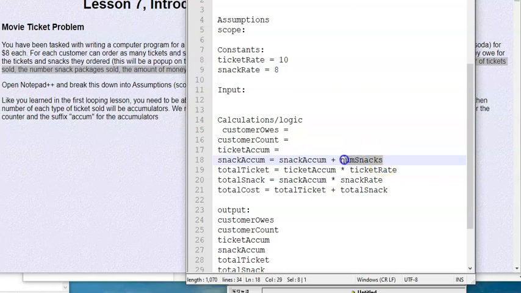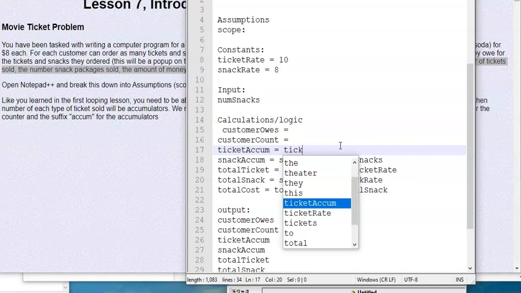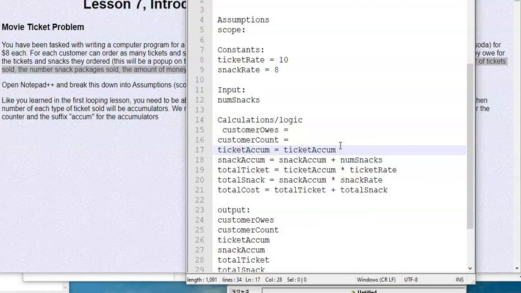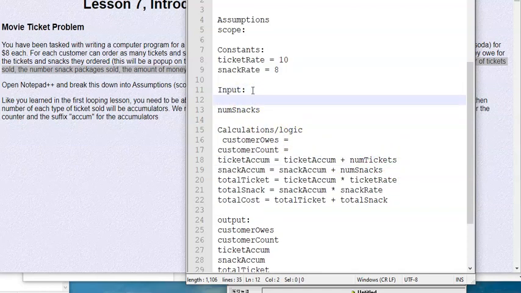So that's going to be input. So I can do Control C, Control V. And so ticket accum is the same thing. It's whatever accum equals whatever accum plus whatever we're accumulating. So it's going to be ticket accum equals ticket accum plus the num tickets. And again, someone has to tell me how many tickets they want. Control C, and I'll probably ask that first. So above here, Control V.